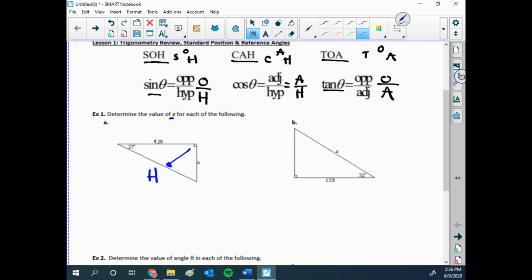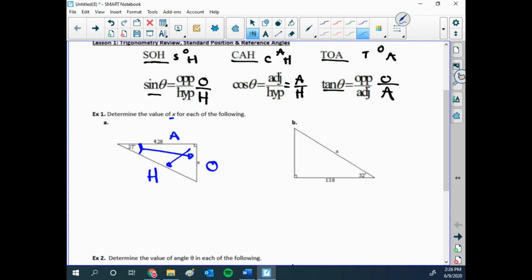Then I label the opposite: whatever angle you are given or looking for, the side across from that angle is the opposite. The remaining side is the adjacent.